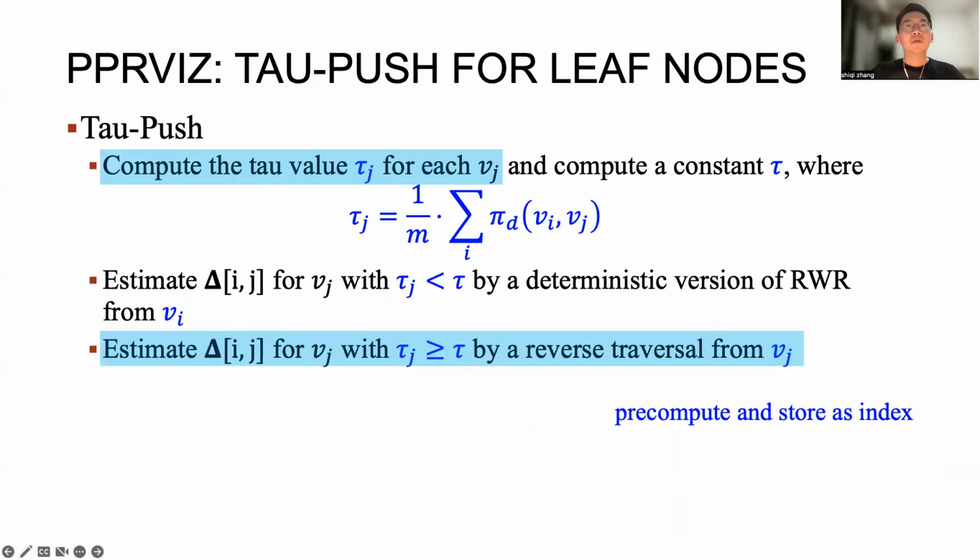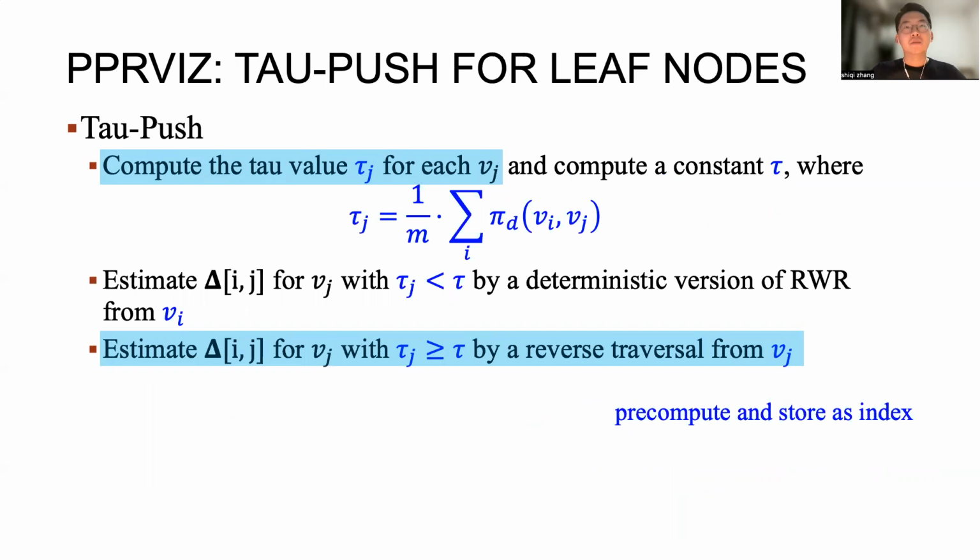Now, I will introduce the main steps of the proposed tau push algorithm. Tau push first computes the tau value for each node Vj, which is the average of dPPR value from all nodes to Vj. Then, tau push computes a critical constant tau, which helps to trade off the computational overhead of the next two steps.